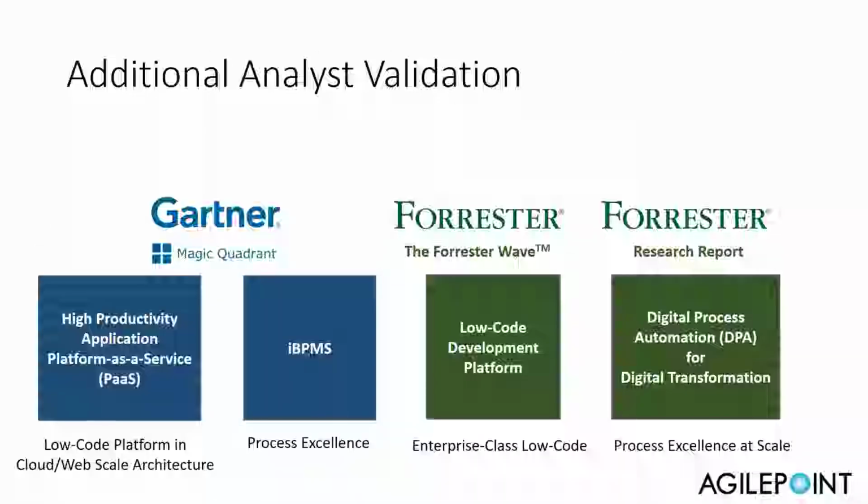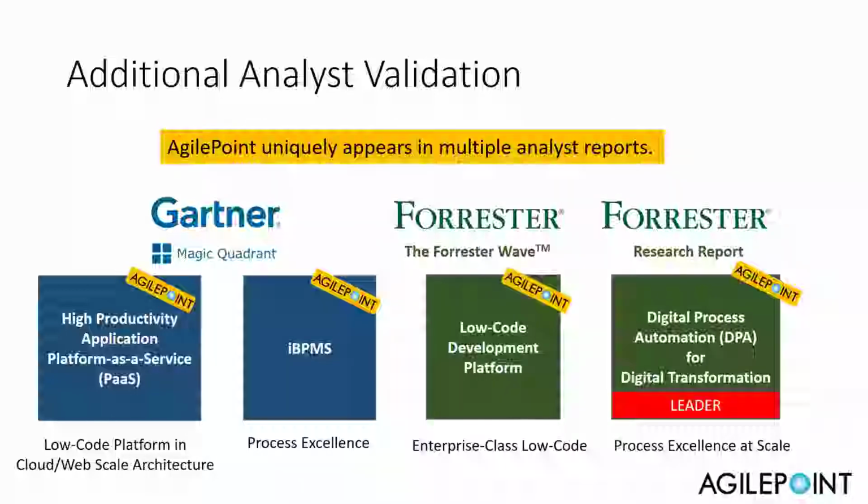Now, so far we've talked about the recent Forrester Report, but AgilePoint has been regularly recognized across a wide variety of analyst reports that represent a variety of different segments.